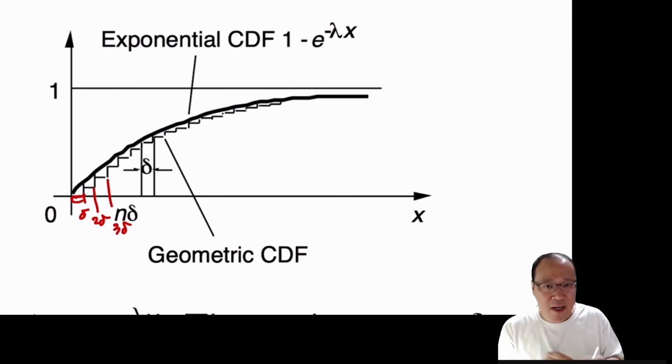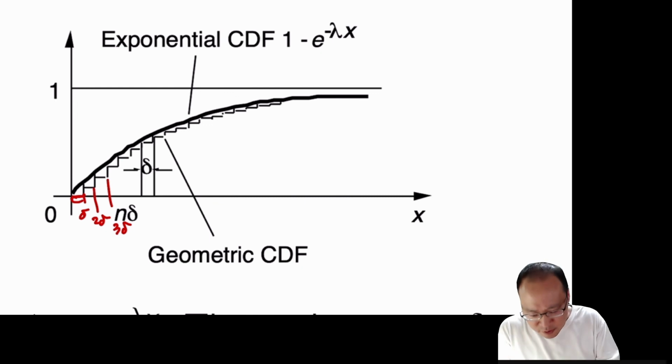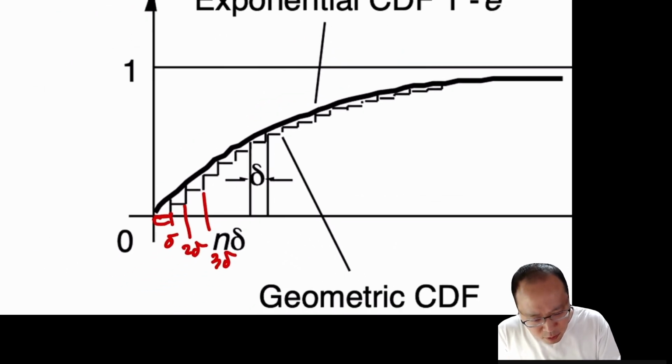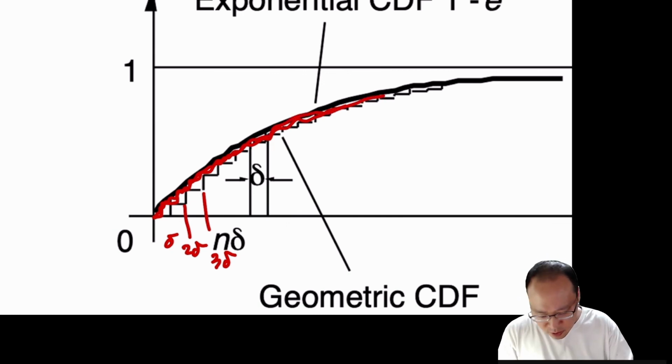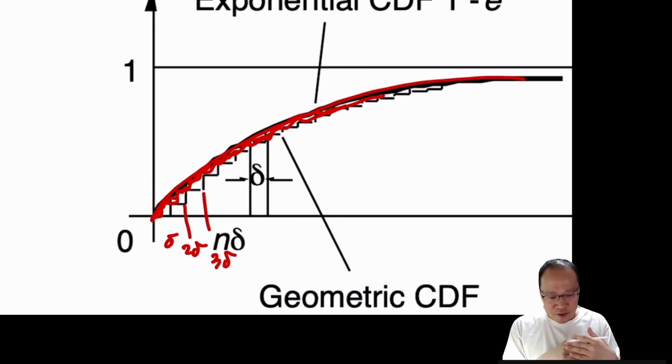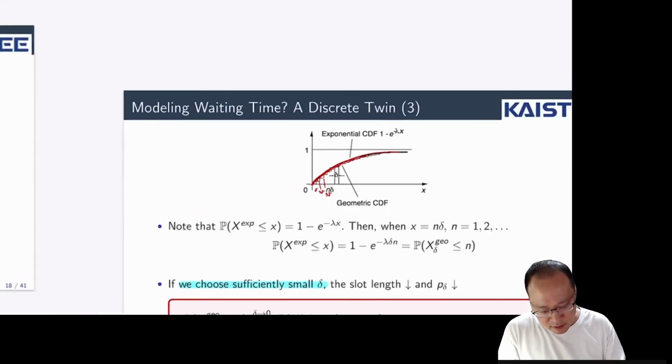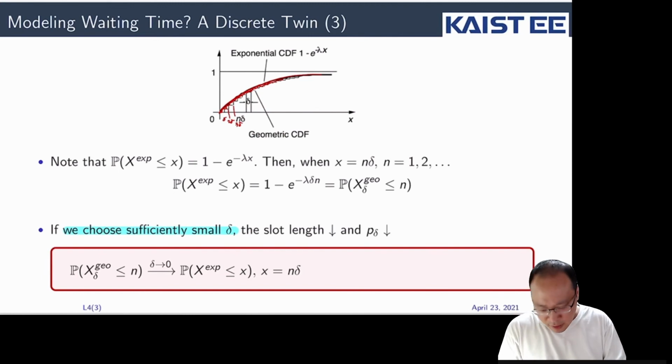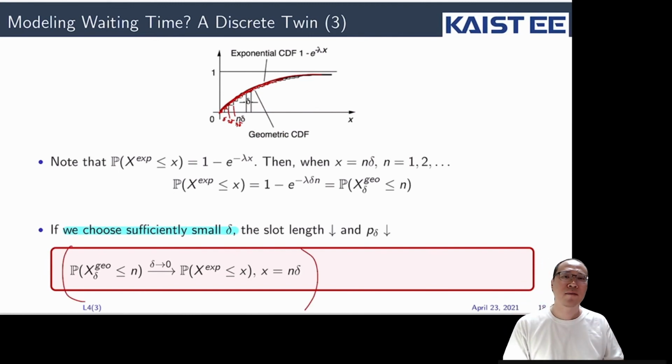The length of the slot becomes smaller and smaller, so we get a finer stepwise function, and then finer again. Finally, as delta goes to 0, in the limit the geometric random variable converges to the exponential random variable. And that's what we mean by that.